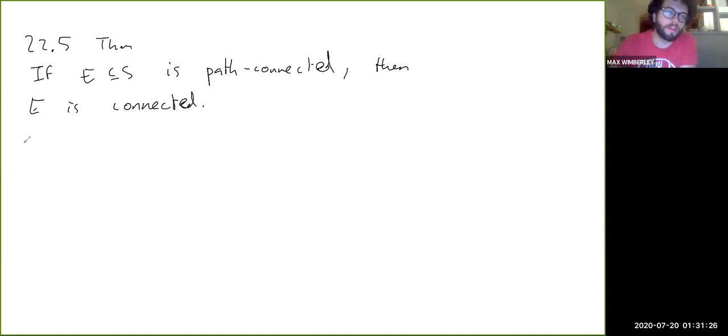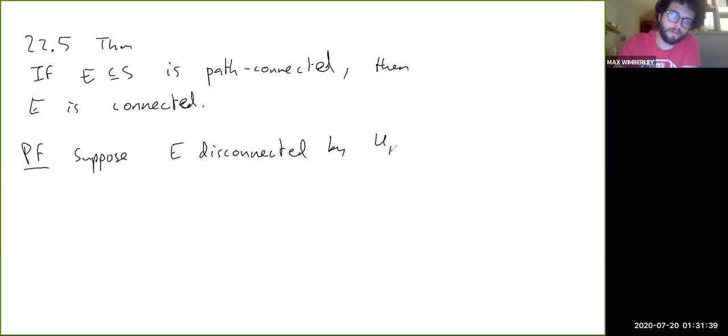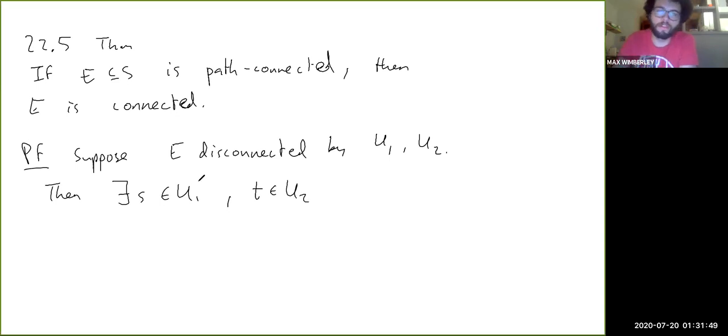So here's the proof. Suppose E is disconnected by U1 and U2. Then there exists an s in U1 and a t in U2. It's a very simple idea.